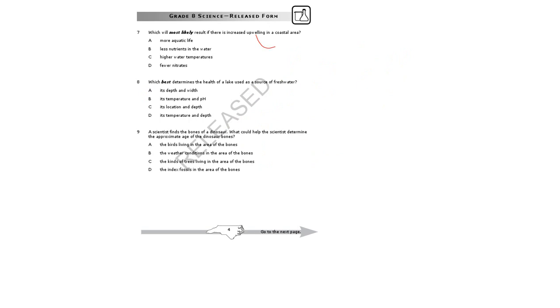So remember, upwelling brings nutrients and cold water to the surface. All right, so upwelling brings nutrients and cold water to the surface.